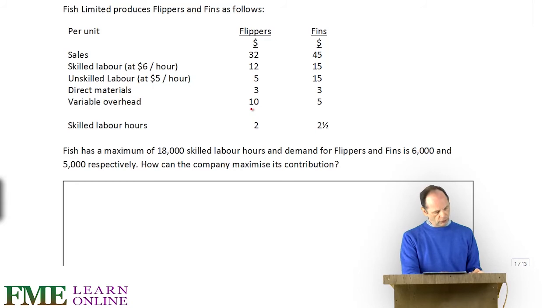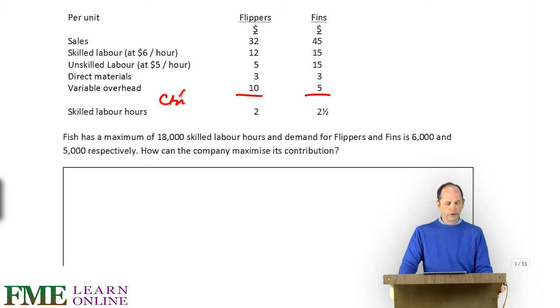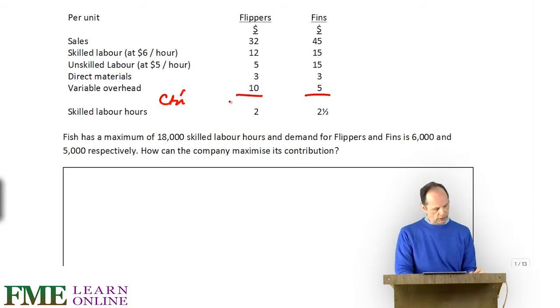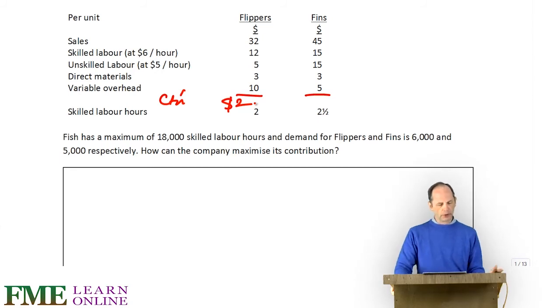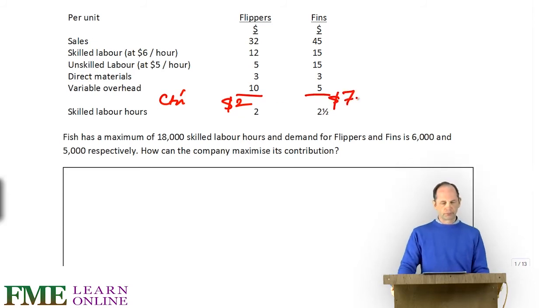We can therefore see the contribution on each one. On a flipper, 32 minus 12 minus 5 minus 3 minus 10 gives me, I think, $2 contribution. And a fin, 45 minus 15 minus 15 minus 3 minus 5 gives us $7 contribution.